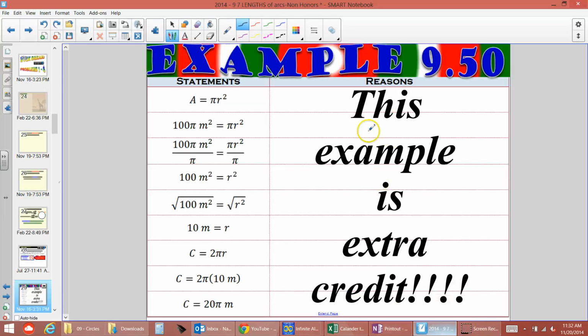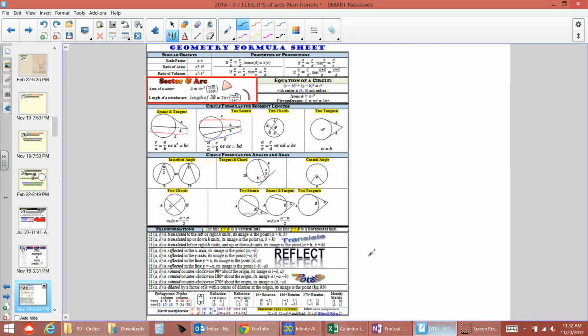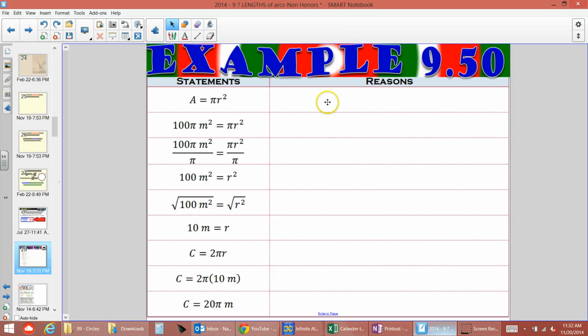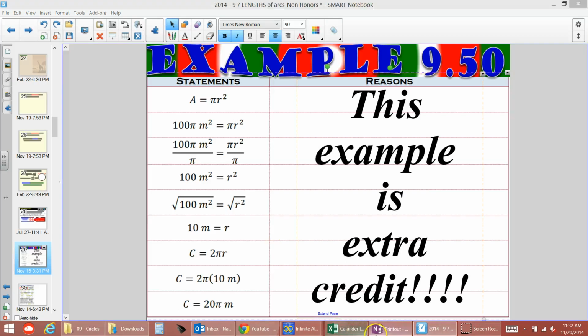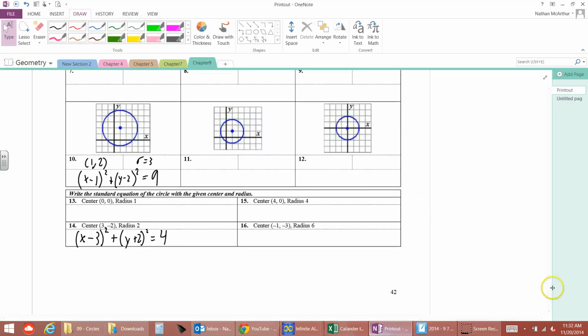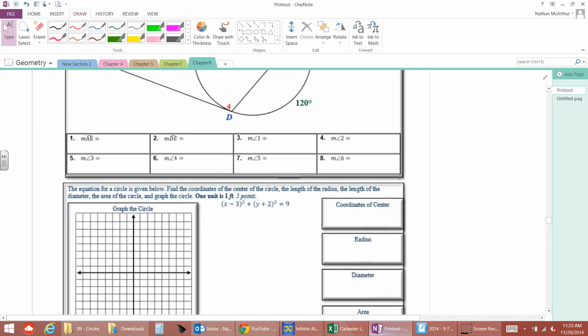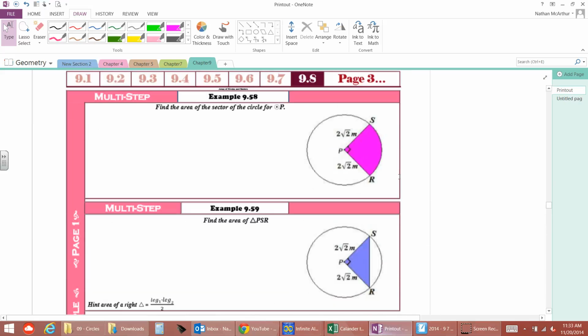Let's go back to this example that is extra credit. So we're going to skip it in class, but for you, we're going to work through this one together right now. All right, so I have here the area statement. Again, in your notebooks, you'd see what this looks like. As a matter of fact, let's do that in your notebook. If I find 9.7 in your notebook, where is it?